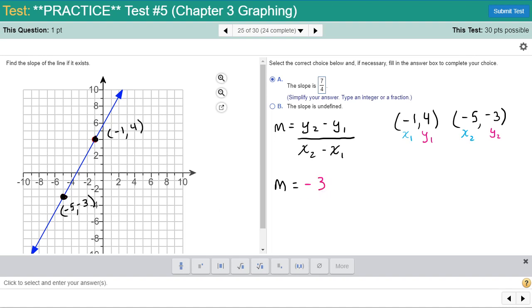Well, y2 is -3, minus, that minus comes from the formula, y1, which we have labeled as +4, and that is all over x2, which we have labeled as -5, minus, and this minus comes from the formula, x1. Well, what's x1? Based on how we labeled, we have a -1.